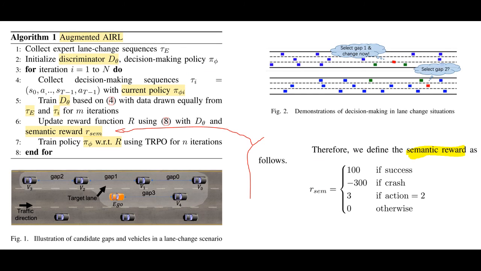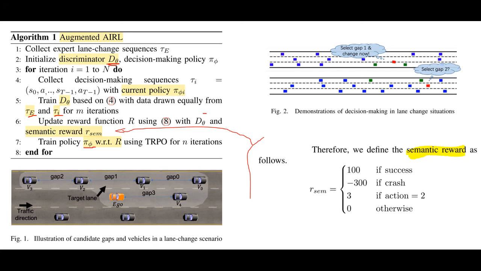Another good illustration of having additional objectives or additional feedback is this one. So this augmented adversarial inverse reinforcement learning is the following. You have this discriminator D of theta that you want to learn, and then you supply some trajectory coming from the expert, some trajectory coming from your candidate, and then you want to update the reward function you will be training on, like the generator is trained on a particular reward function, and this one is influenced by two terms.